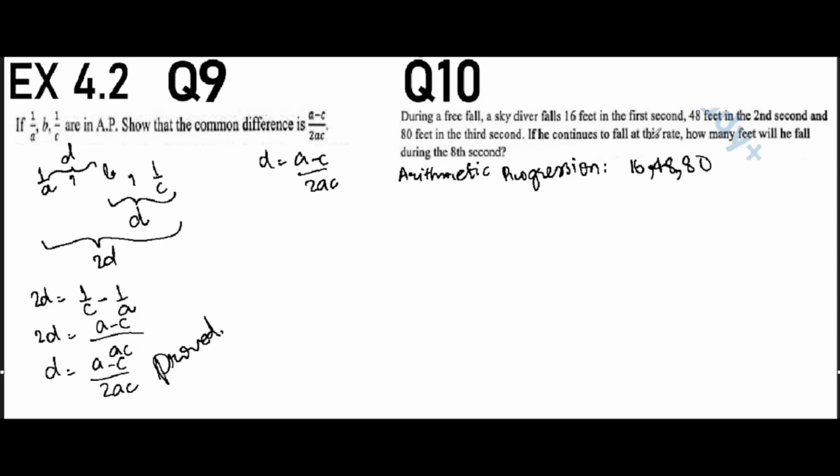So let's make an arithmetic progression. If he continues to fall at this rate, how many feet will he fall during the 8th second? So we have to find a8. We are given a1 equals 16, d equals 32. So a8 equals a1 plus 7d. a8 equals, a1 is 16 plus 7 into 32.